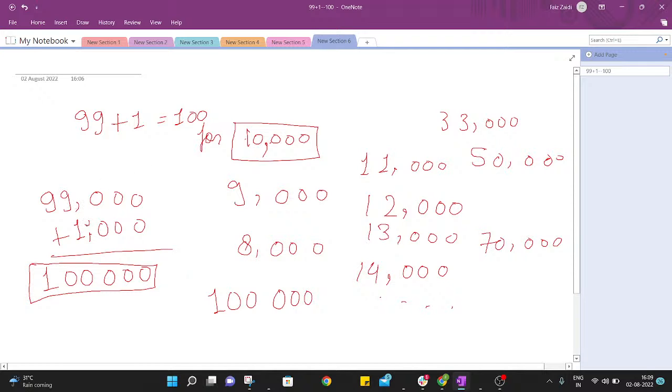What comes after 99,000? 100,000. That means to make it 100,000 we have to put a comma over here. You must have put a comma at the appropriate place, but still I'm telling you this. So that's how we write 100,000.